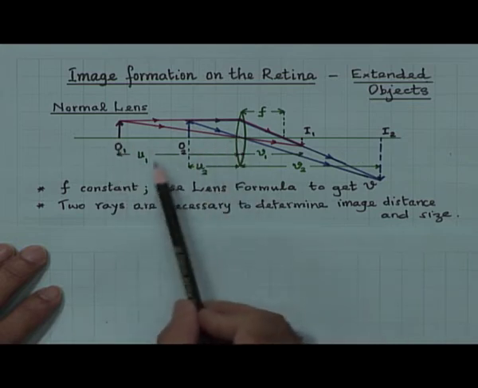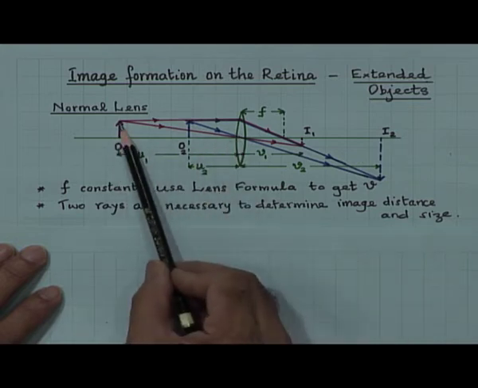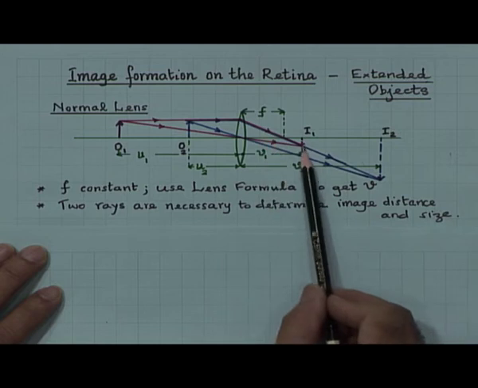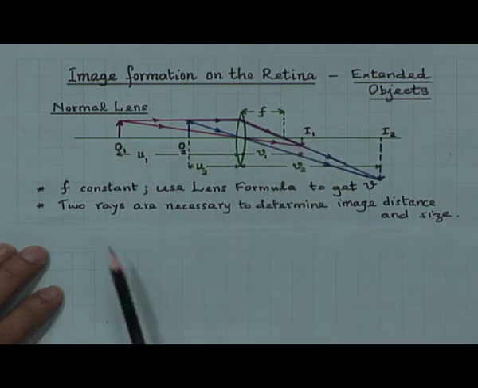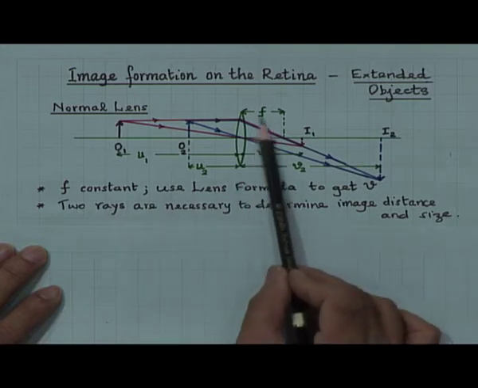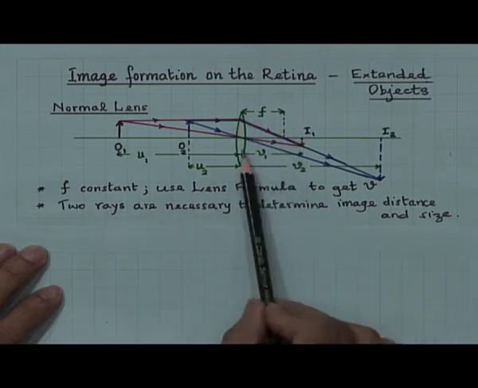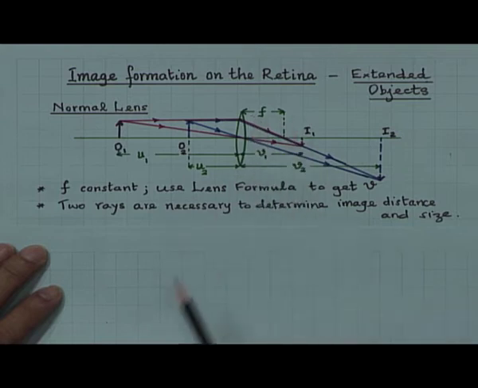For this object distance u1, the red colored rays I have shown here form an image at I1. So, the intersection of the two rays, because the focal length f is constant for a given lens, and therefore we use the lens formula to get v.